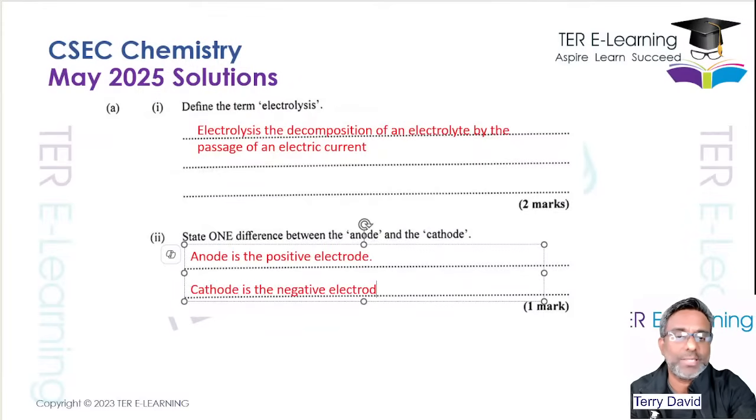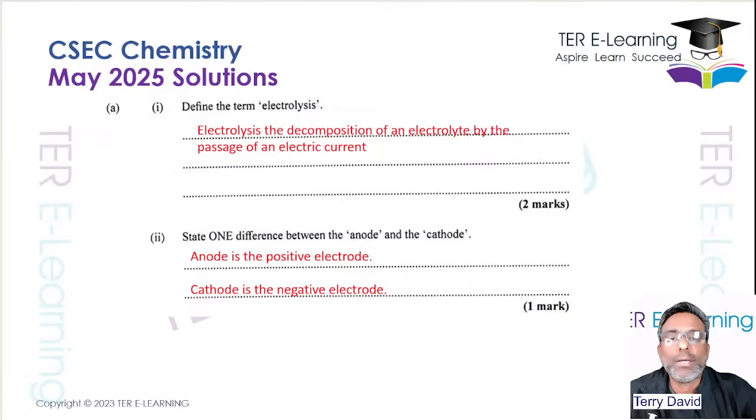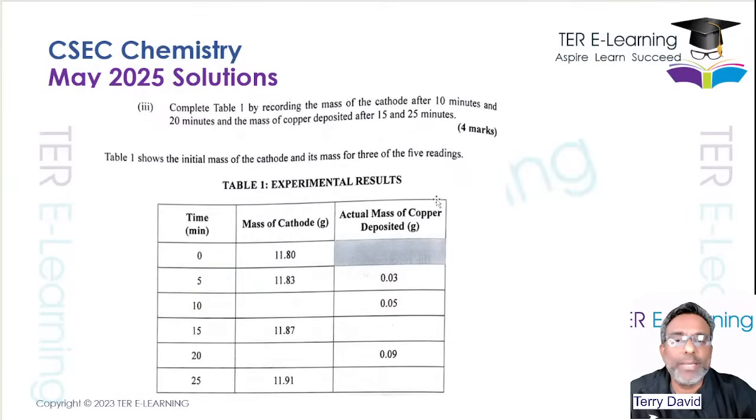Something as simple as that should be able to get you your 1 mark. The next part now: complete the table by recording the mass of the cathode after 10 minutes and 20 minutes, and the mass of the copper deposited after 15 and 25 minutes.